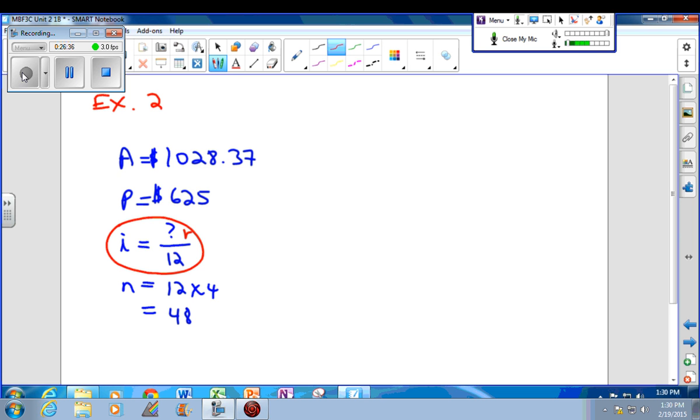Now remember that our formula here is A equals P times 1 plus I to the power N. So let's fill in everything we know here.